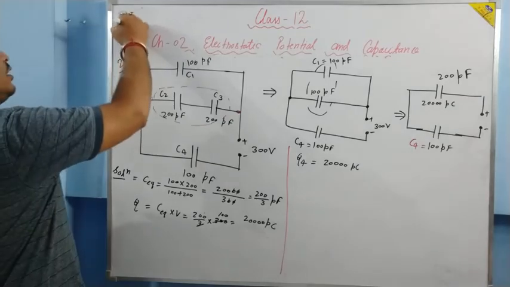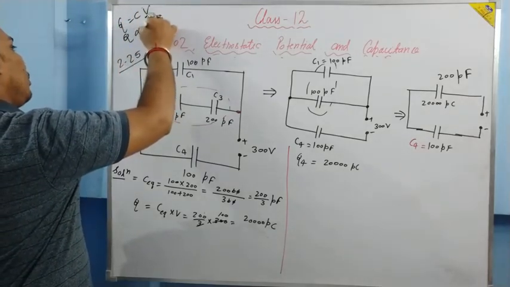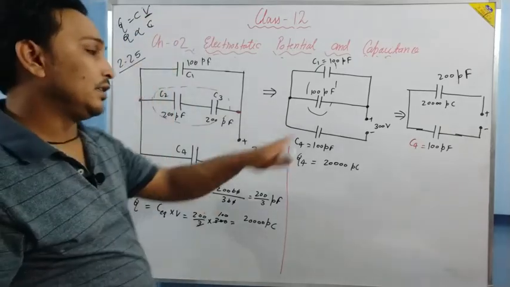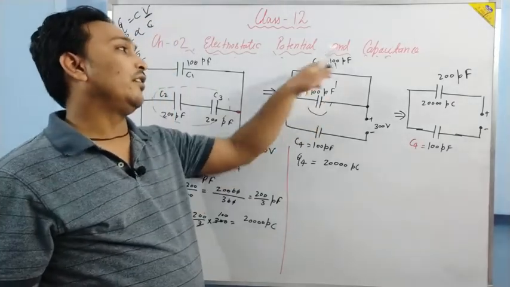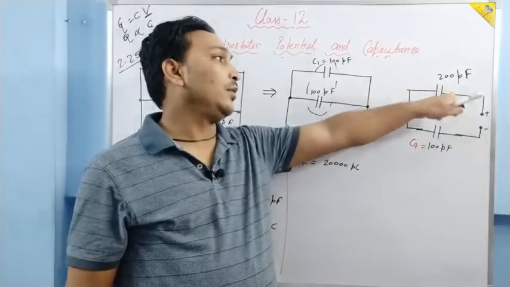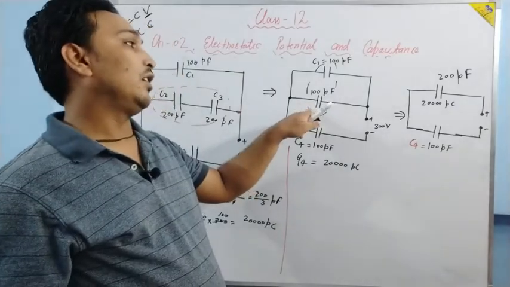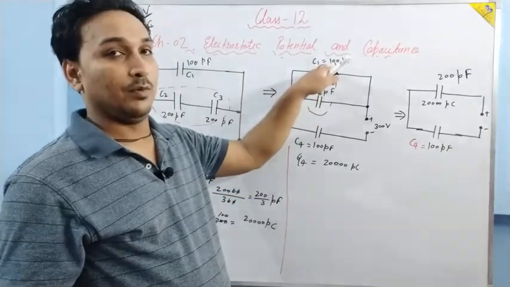Since charge is equal to CV, and V remains the same, Q is proportional to C. And just see over here, 100 and 100 are both the same. So this 20,000 picocoulomb will be divided equally on this 100 picofarad and this 100 picofarad.